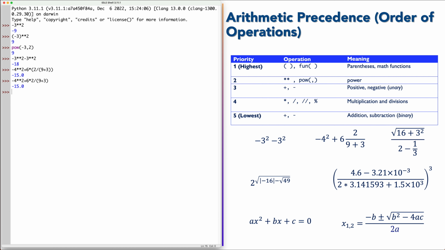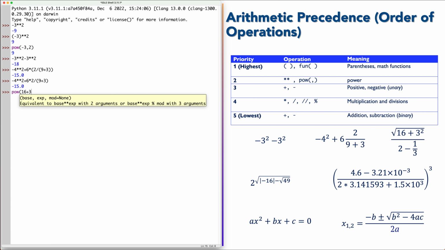The next one is the square root of 16 plus 3 squared, over 2 minus 1/3. Now, currently, let's use the power function for the square root, and later we'll see how to import the square root function into Python. But now let's use the power function, so it will be power of 16 plus 3.